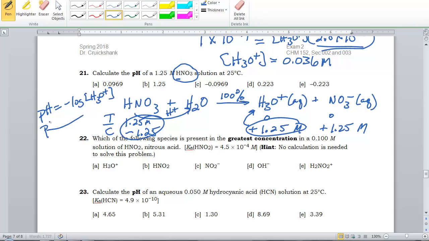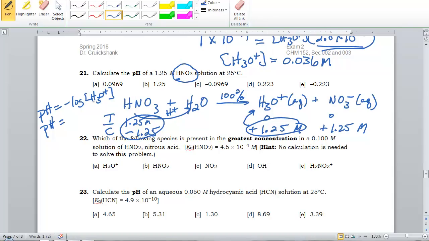Now, be careful here. Since our concentration is greater than 1, the log of 1 is 0. Now that this is greater than 1, we are actually going to get a negative pH. And you can actually have slightly negative pHs. You can also, for strong bases, have pHs greater than 14. Generally, and this is where you always hear it, pH is between 0 and 14.